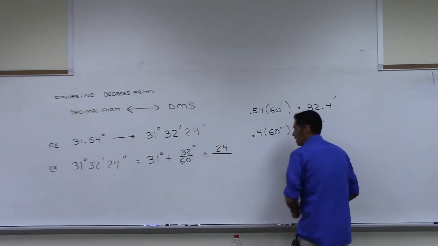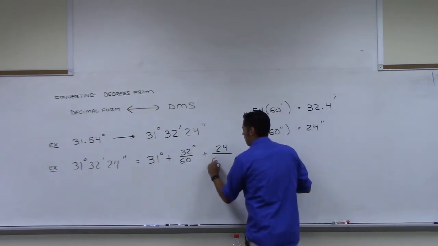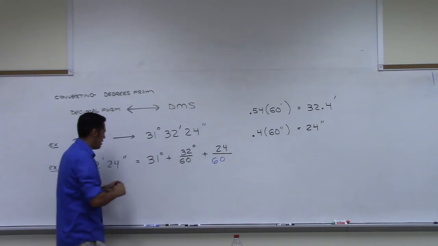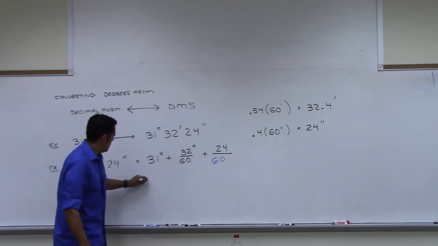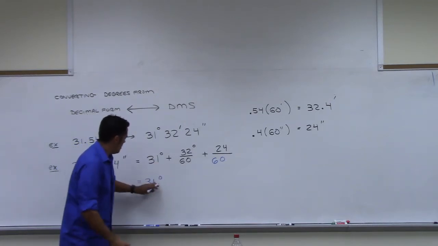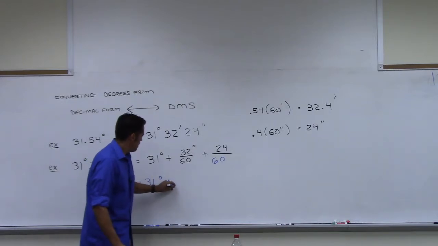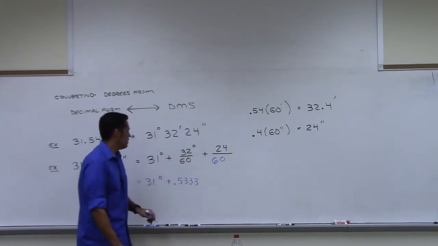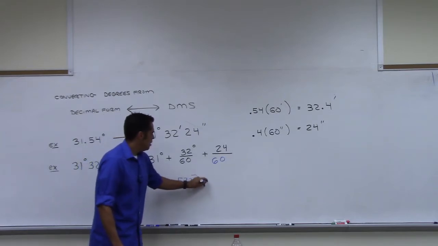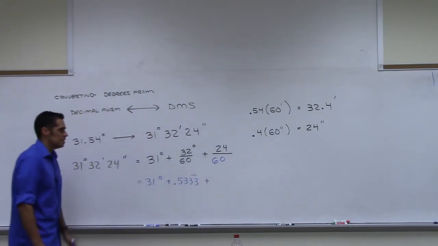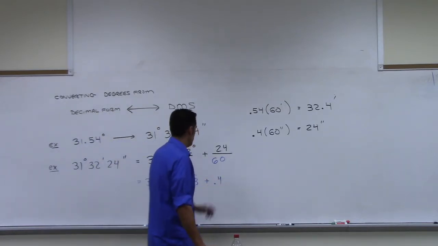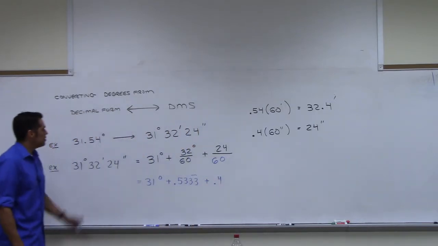Let's try 60 in here and see if we get the right answer. So what's 32 divided by 60 on your calculator? 0.53333, whatever, repeated forever. Plus, what's 24 divided by 60? 0.4.